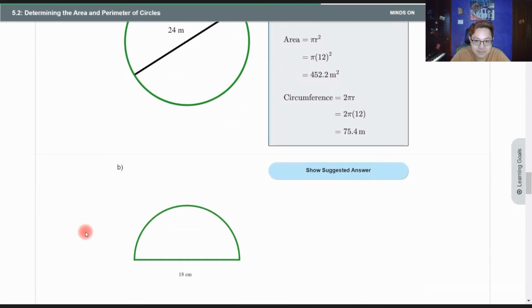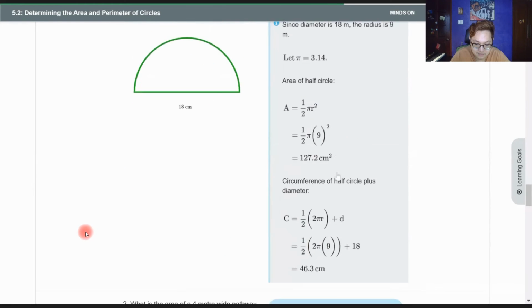Circumference. Circumference should be divided by 2, should be 28.26. So this is just the answer.